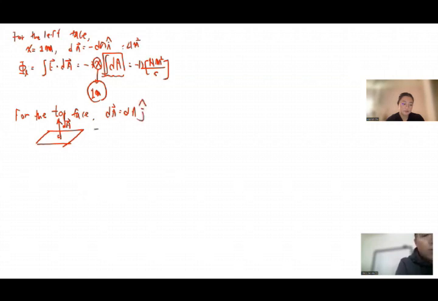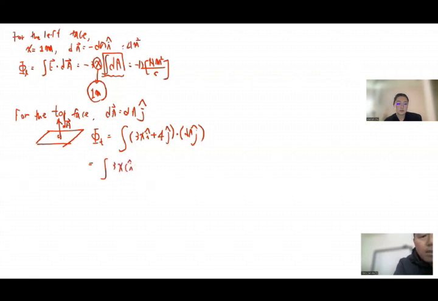So the flux on the top face is the integral of (3x i plus 4j) dot dA j. That is the integral of 3x i dot j plus the integral of 4 dA j dot j.